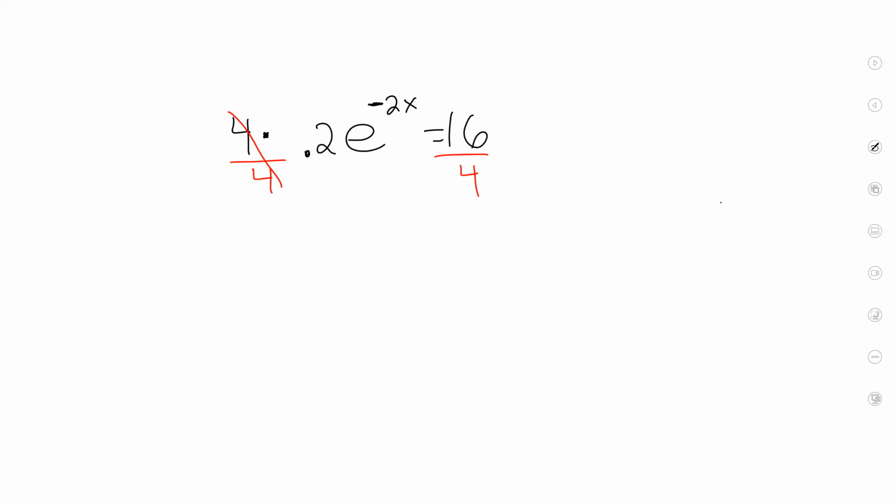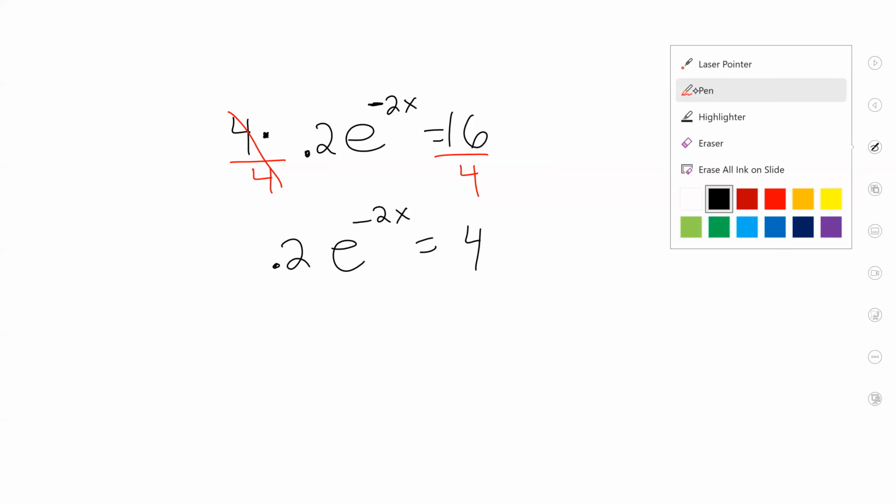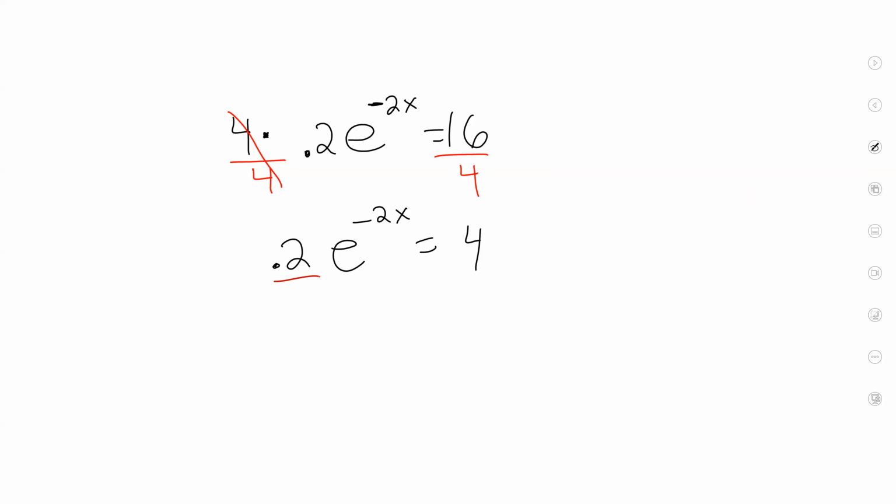So we are left with 0.2 e to the negative 2x equals 16 divided by 4 is 4. Now what? Okay, let's just continue. So divide by 0.2, yeah?